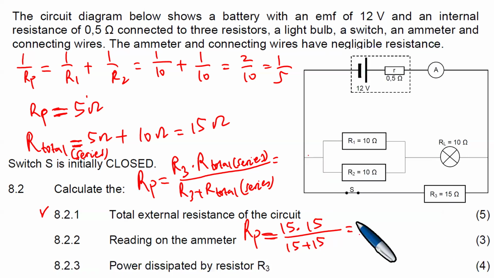So which is 7.5 ohms. And that is going to be what exactly is required. But first, we need to do the total series. But first, we dealt with the parallel, 1 over R1, 1 over R2, 1 over 10, 1 over 10, 1 over 5.